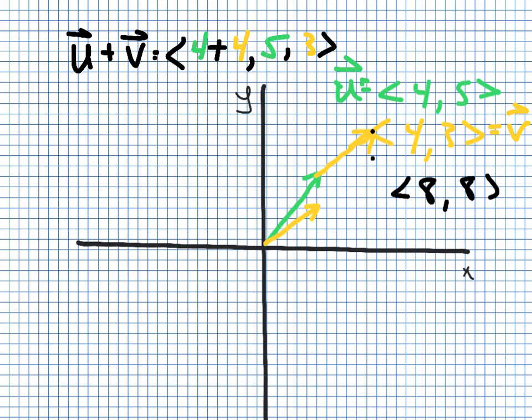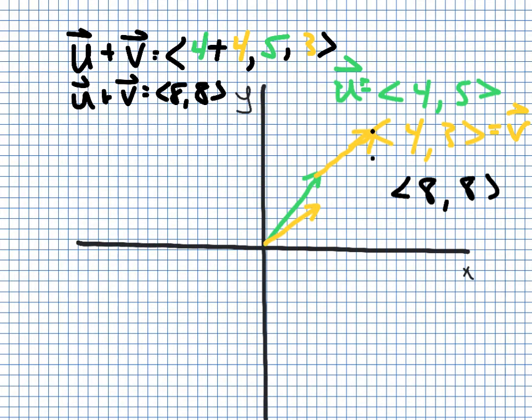And that is how you add vectors. You just take the x component of one and add it to the x component of the other. Take the y component of one and add it to the y component of the other. And you get your new vector.